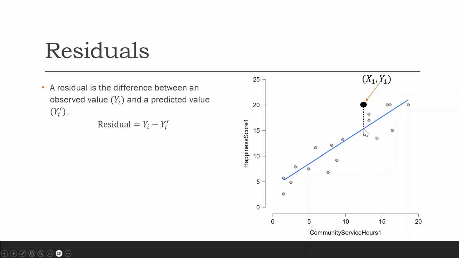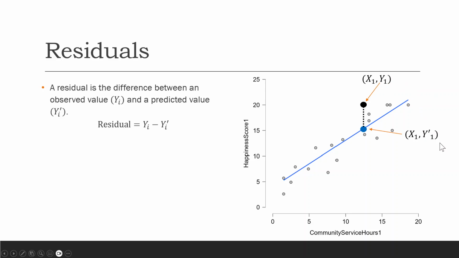And I can just look at this point right here. That vertical distance there gets me to this point on this line. This point is my predicted y value for that same x coordinate, right? So now I have a y sub 1 and a y prime sub 1. So I have an observed y value and a predicted y value.